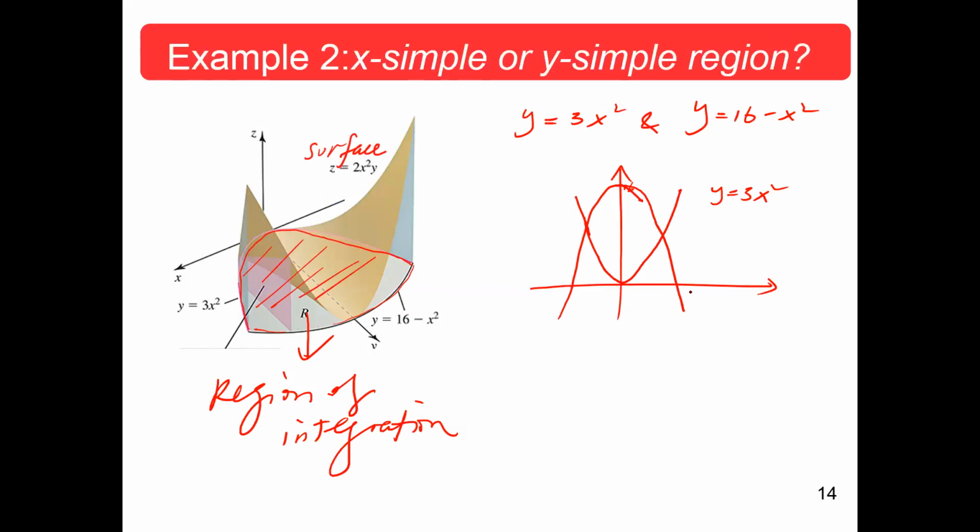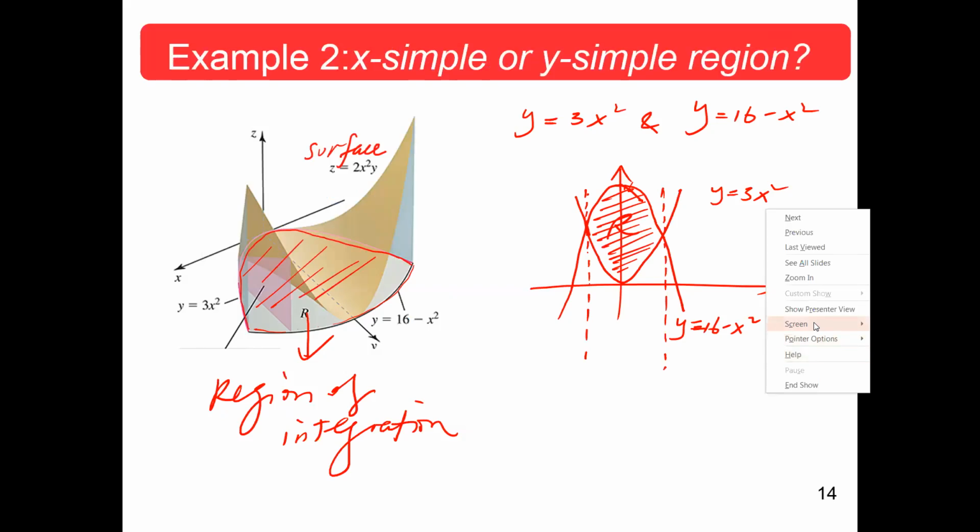Excuse my drawing. This will be y equals 16 minus x squared, right? So far, good, guys? And you can see the region at the intersection will be this region R. Obviously, for this graph, you can tell the left and the right have constant bounds. I can say there's a left bound and right bound, two constants.